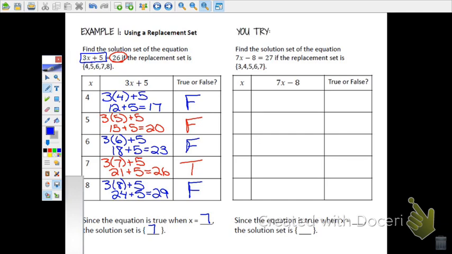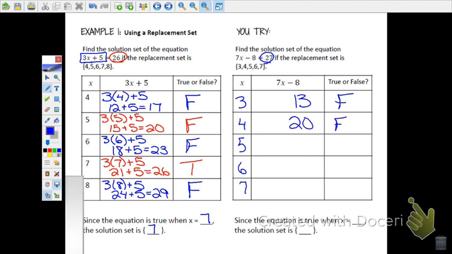So I'm going to have you do that on the right-hand side. So as you guys worked through this one, when I substitute 3 into my equation, what do I get for an answer? 13, which makes it false because we're looking for 27. What about when I put in 4? I get a 20, which is still false.